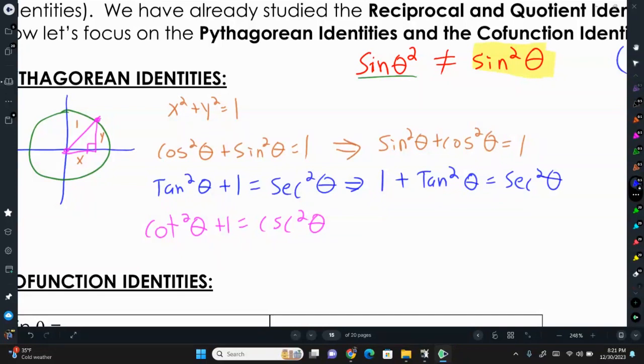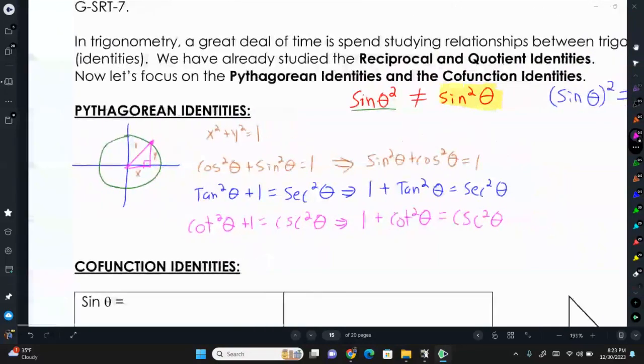And that last one can be written as 1 plus cotangent squared theta equals cosecant squared theta. And we're going to be using a lot of these as we go forward in the year.